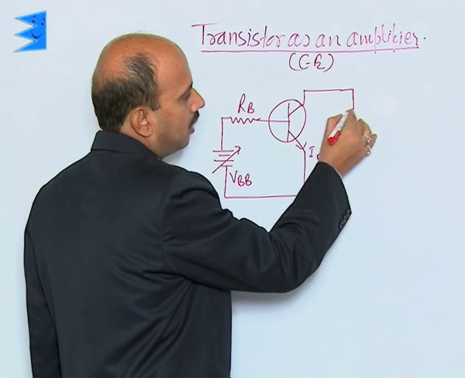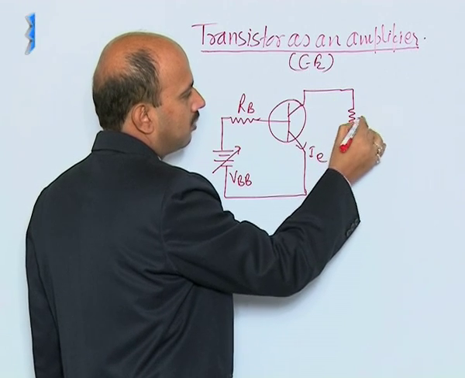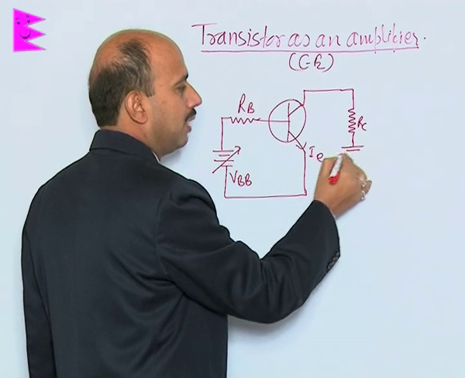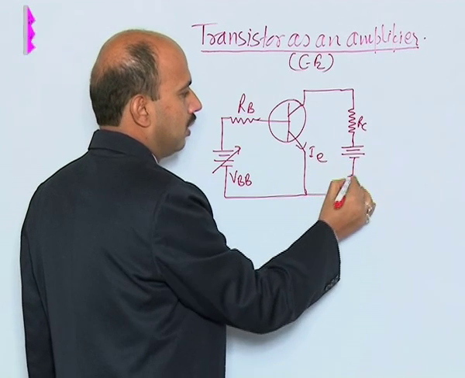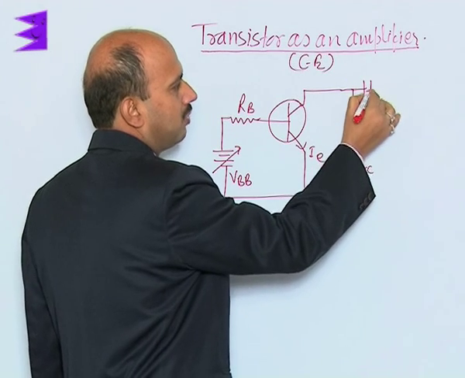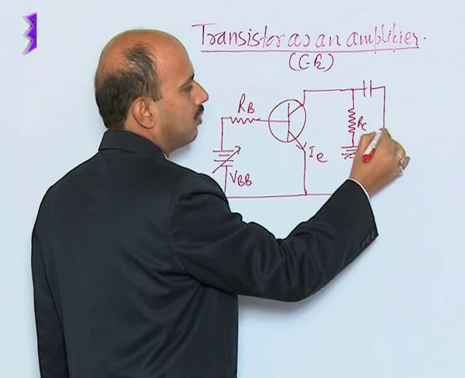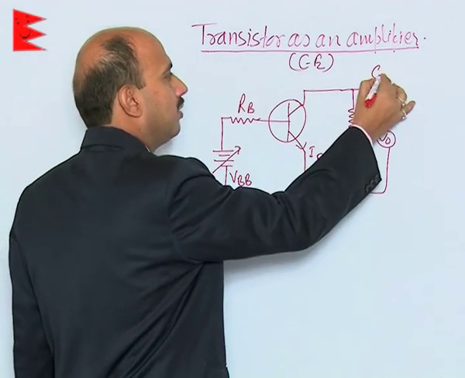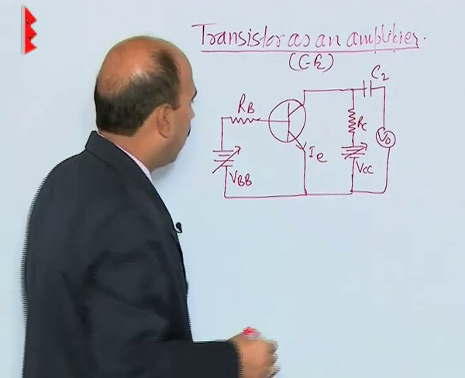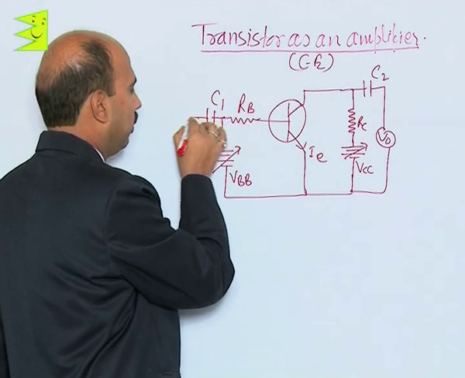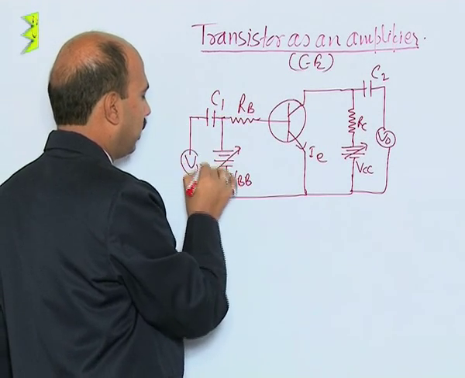Here there is a resistance, that is RC, and its biasing is the reverse biasing with the positive terminal. This is VCC. Here we use a capacitor to get the output, that is VO. We can call it C2. Now we can connect one more capacitor here, that is C1, and here is the input voltage.